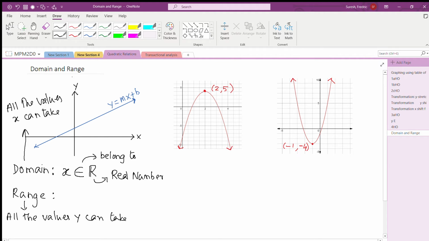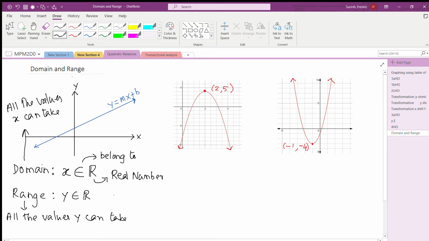You notice here, looking at the right arrow, the line is extending right and up, which means it's going to take all those values that are going up along the positive y-axis. And when you look at this arrow, which is going left and down, then you can come back to all the negative values that y can take. It can also take zero. So for a straight line, this domain and this range is always true.